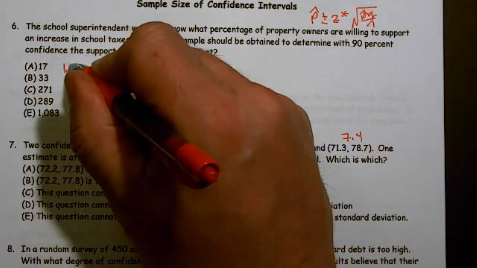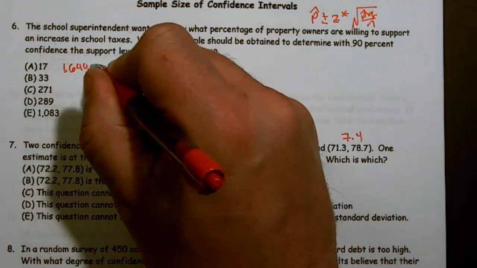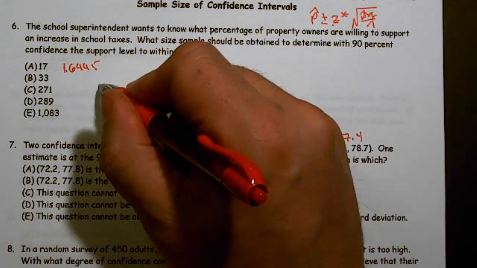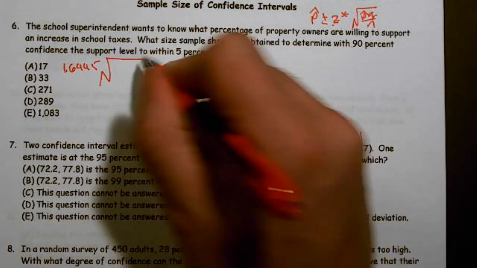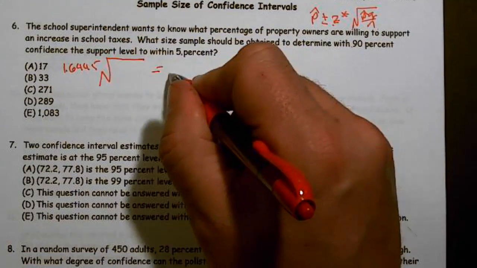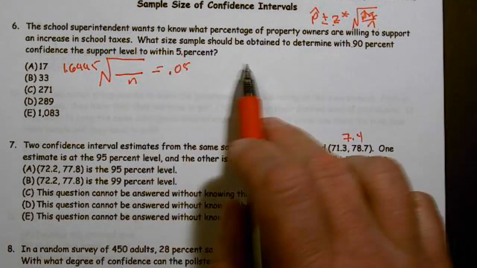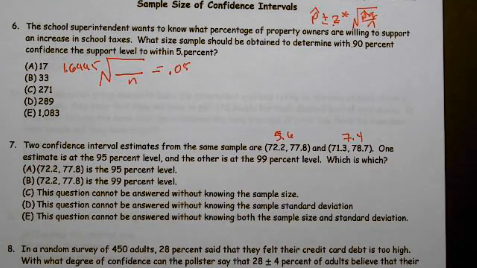Remember, this part's our margin of error. And they tell us they want it to be 0.05. We know we're looking for n. But what they did not give us in this case, once again, is the p hat.